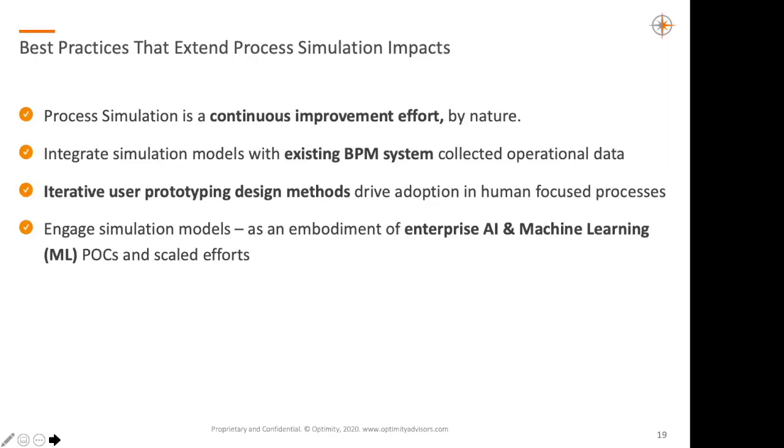So once you improve a process, it's meant to be able to simulate the next round of improvements and then figure out what you need to do from there. And that works well with existing BPM systems. For example, Pega or Appian, AgilePoint, K2, any of those that are common BPM systems in the market that some of you may actually already have installed.